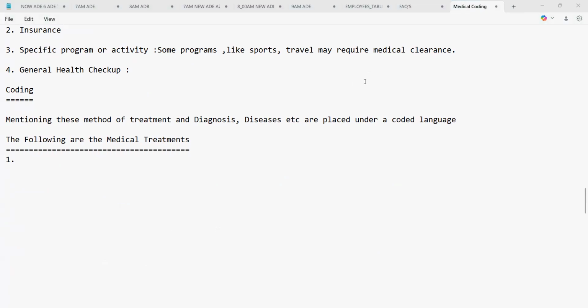The first category is medications. The second one is surgery. The third one is therapies. And the fourth one is counseling.